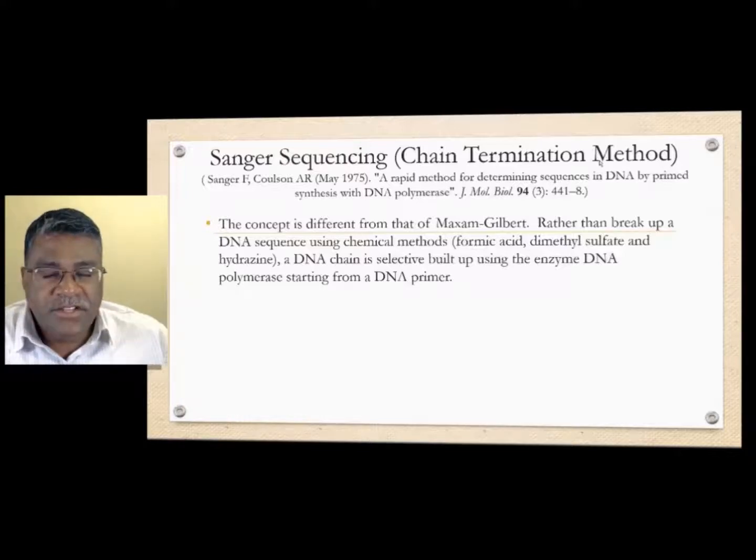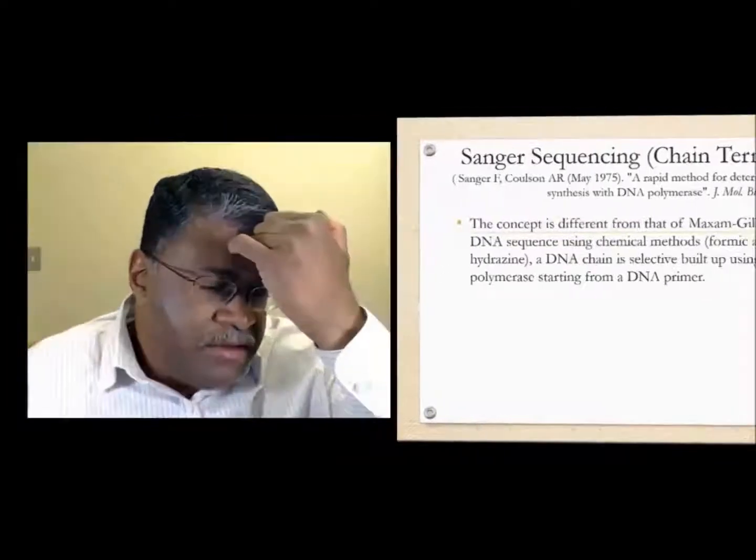Now, the fundamental difference between the Maxam-Gilbert and the Sanger sequencing method is that the Sanger sequencing method builds a sequence, whereas the Maxam-Gilbert sequencing method fragmented and then put all the fragments together in some sort of systematic, intelligent jigsaw puzzle to determine what the sequence is. And we'll see what building the sequence means. So once again, the concept is different from that of Maxam-Gilbert.